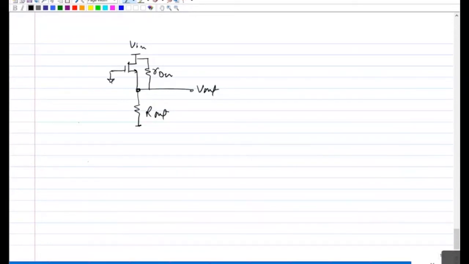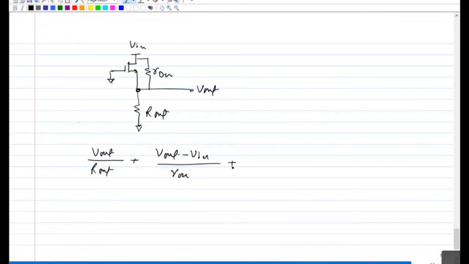Can we tell? 1, 2, 3. Three currents. So the first current is V out over R out, plus V out minus V in over RON.